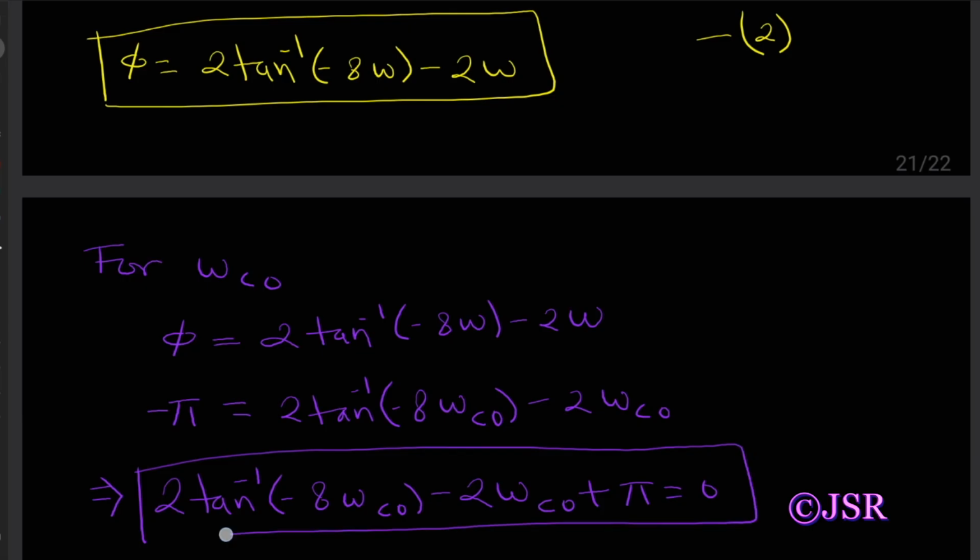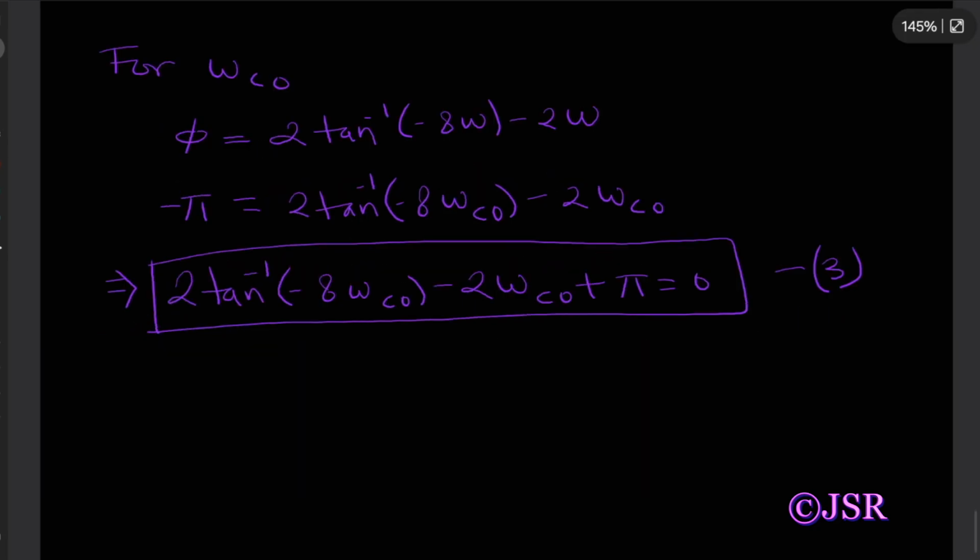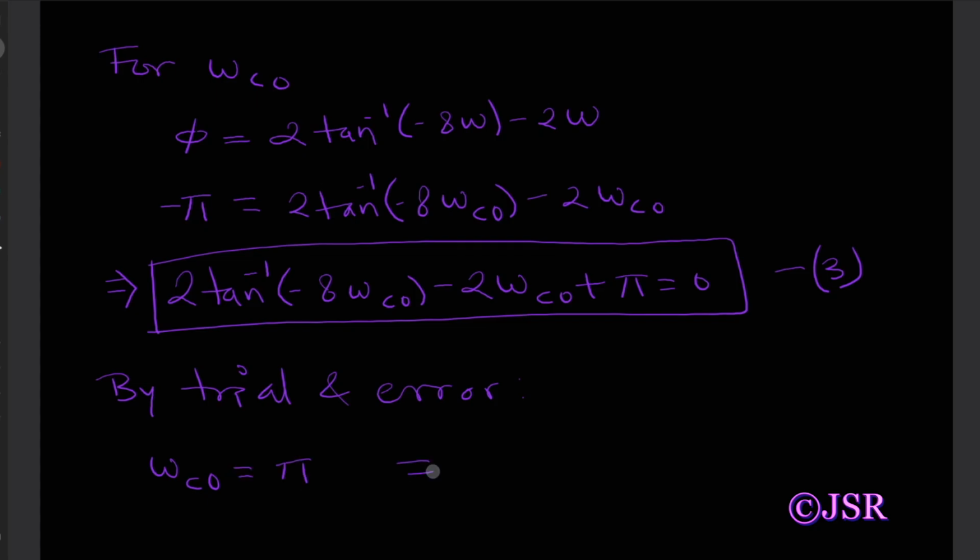Finally we will solve this non-linear expression to find out the crossover frequency. So by trial and error, we will find omega CO. So let's say omega CO is pi, and we will find out this value.